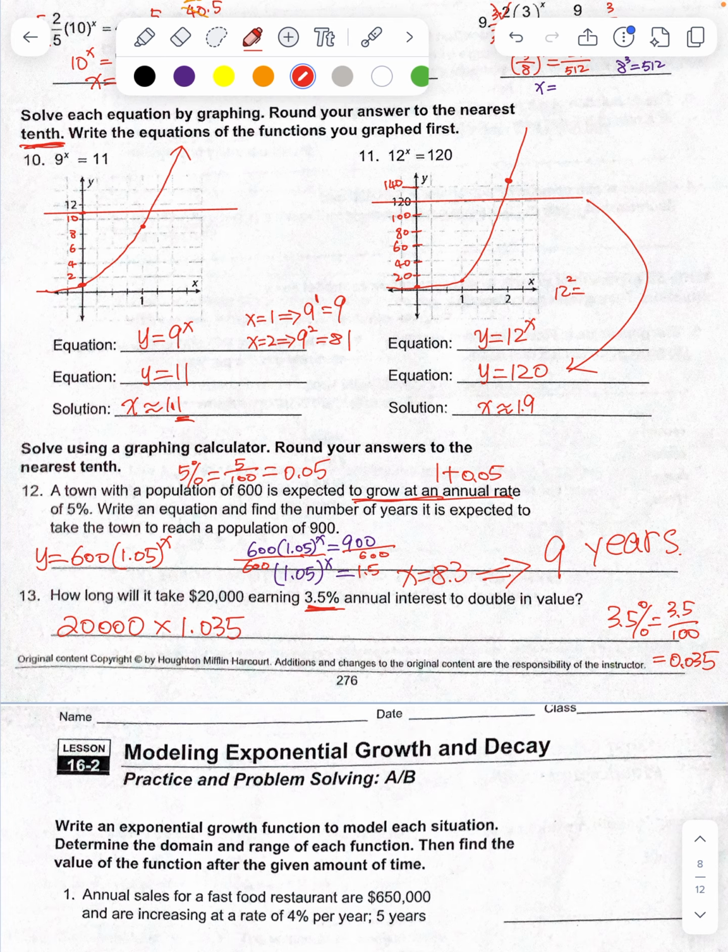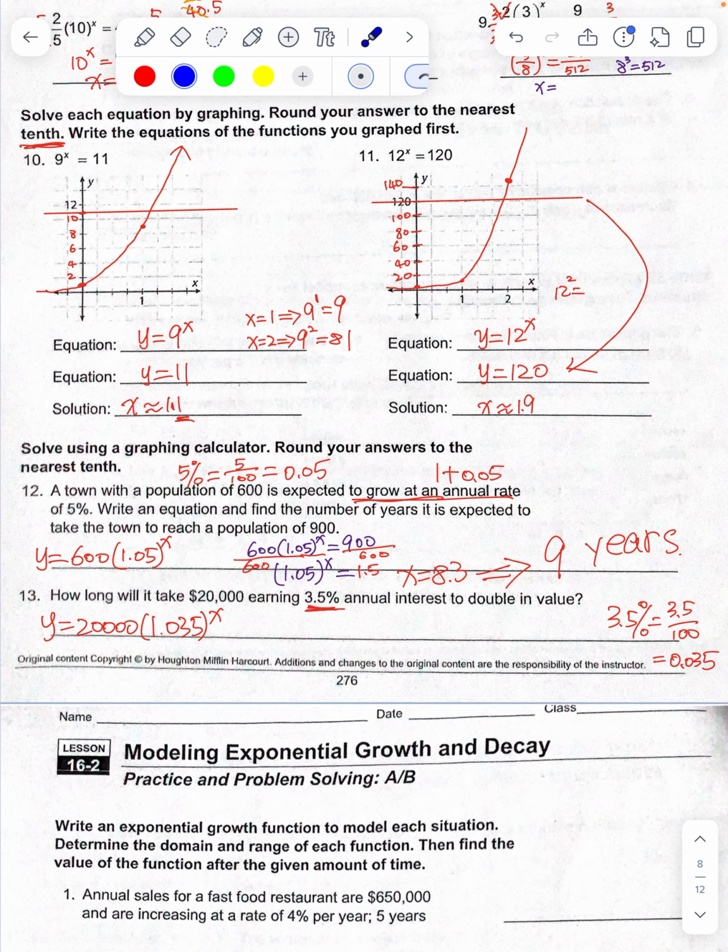So this is a multiplication. Let me erase this. So the function is going to be 20,000 times 1.035 raised to the x power. And you're going to figure out what x is. At this level, you can just keep multiplying.